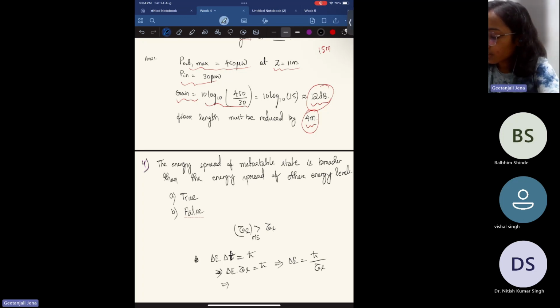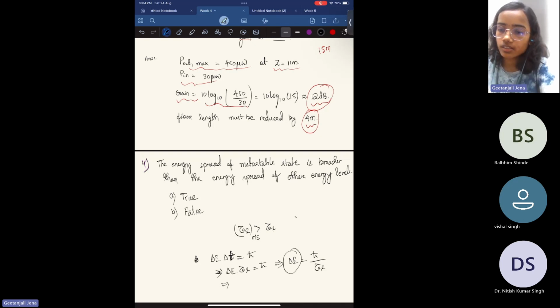As you see, the tau L of the metastable state is larger than the tau L of other energy levels. So the delta E is narrower than the other energy levels. It is not broader. So this statement is false.